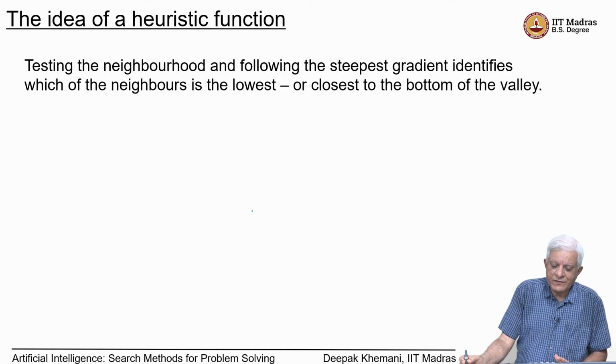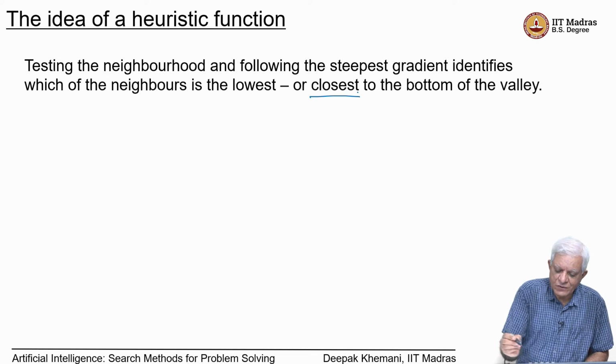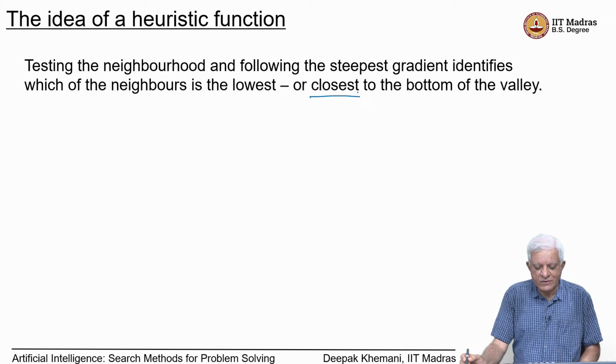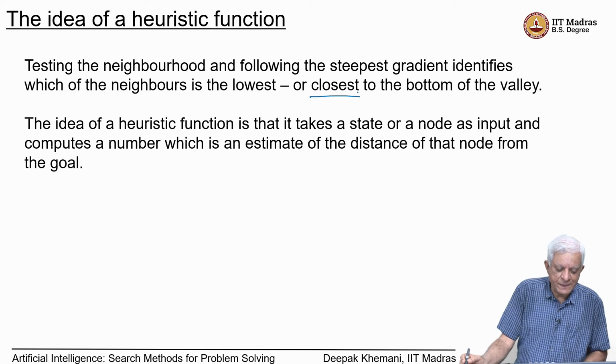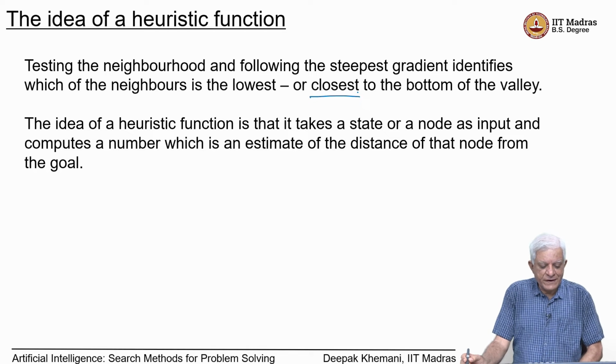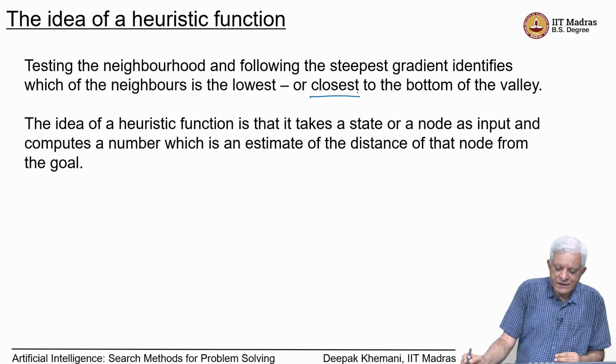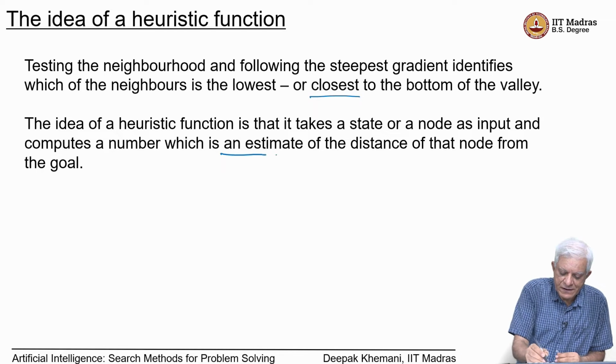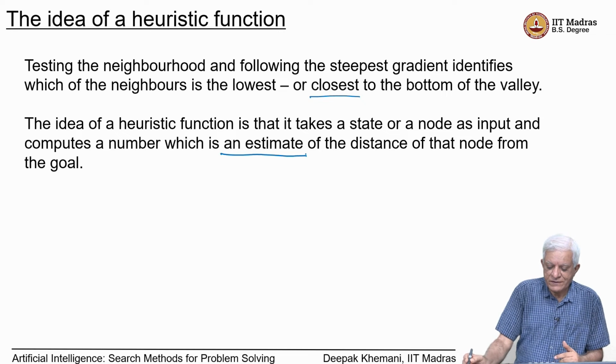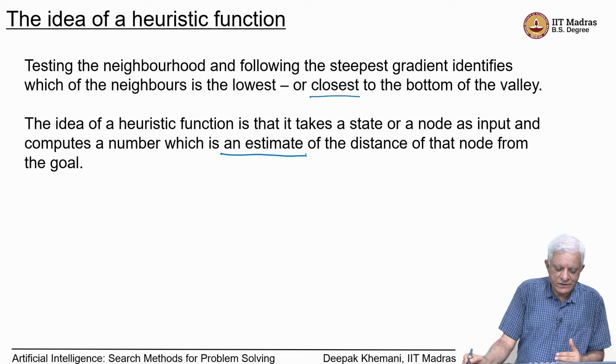Testing the neighborhood and following the steepest gradient identifies which of the neighbors is the lowest, or closest to the bottom of the valley. So, this notion of closeness to the goal is what we are trying to capture. The idea of a heuristic function is that it takes a state or a node as input and computes a number, which is an estimate of the distance of that node to the goal.